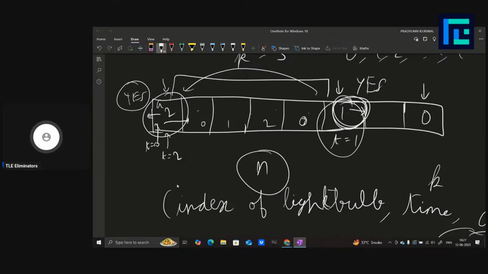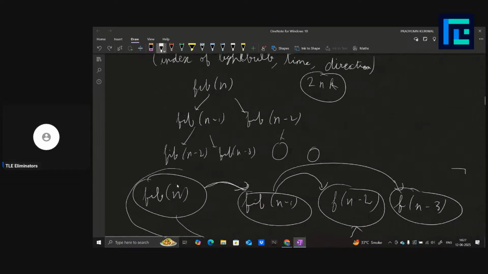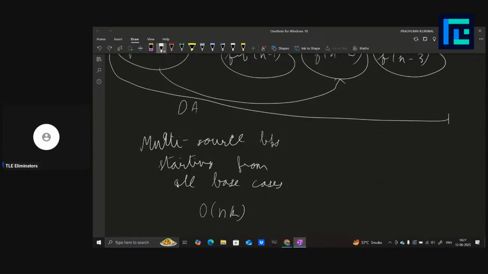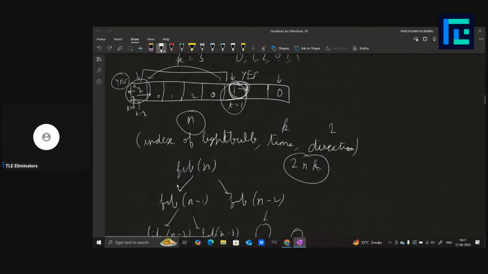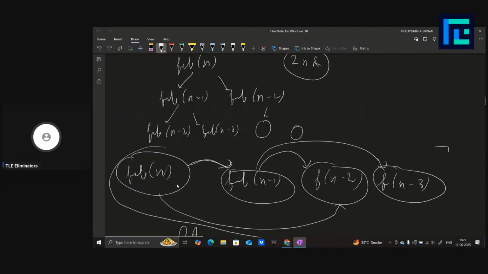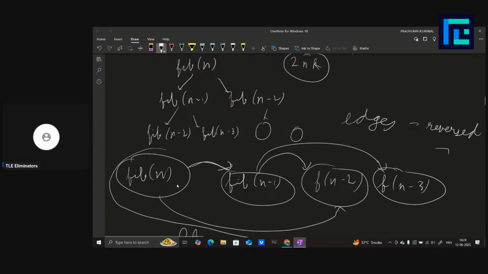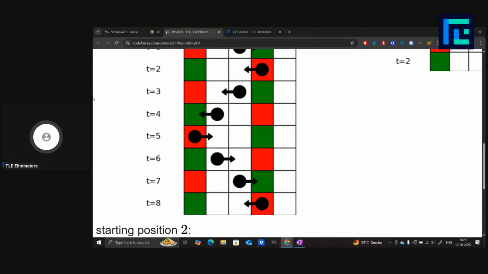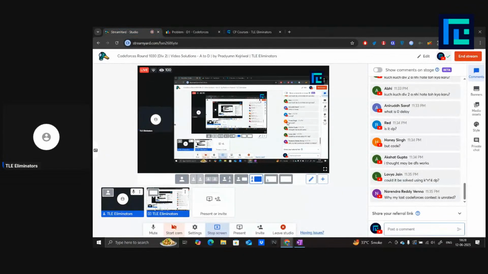So basically the edges will be reversed. Okay, so this is the high level overview of this problem.